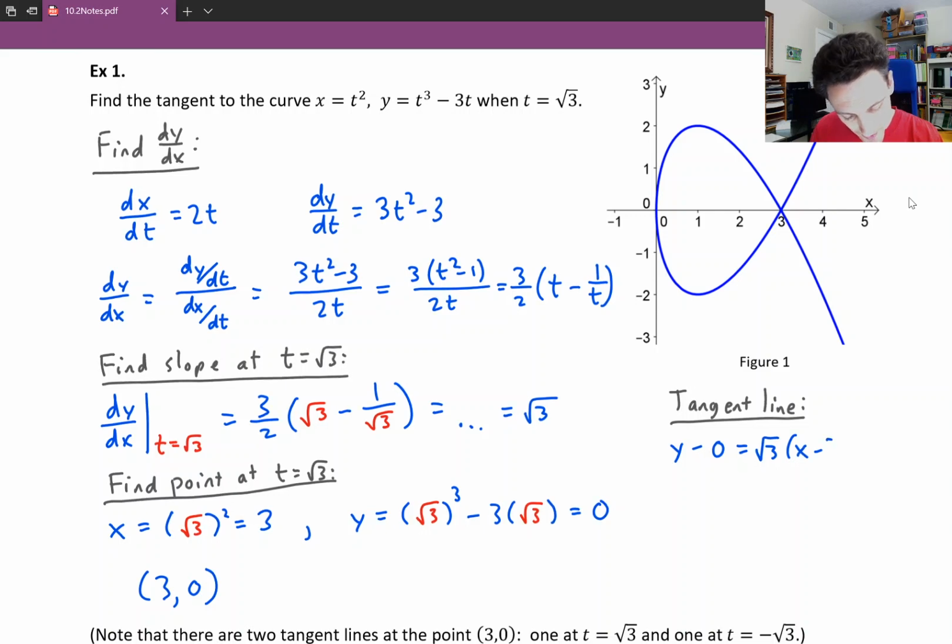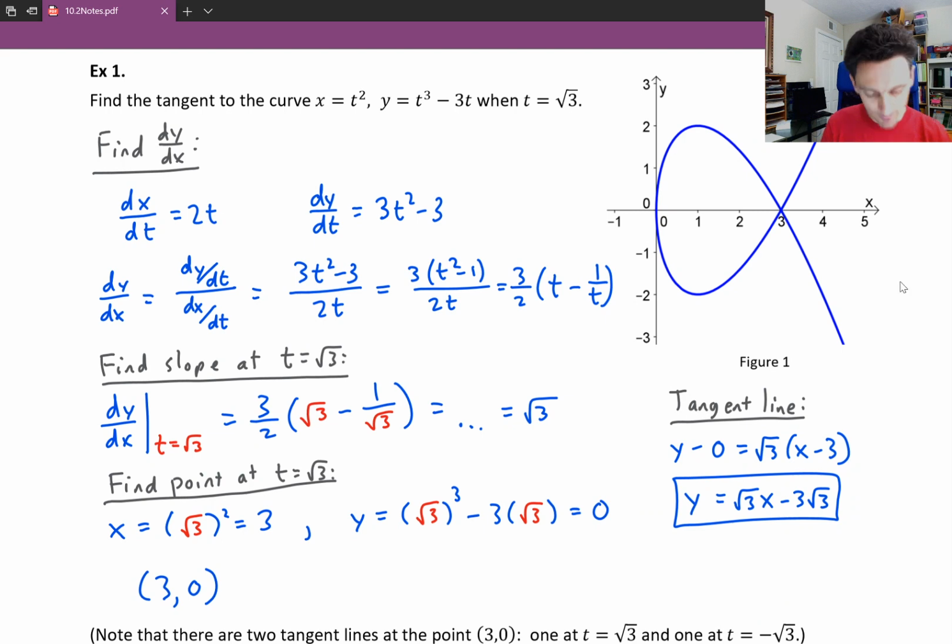So that becomes y minus 0 equals root 3 times quantity x minus 3. And I can distribute the root 3 and write it as y equals root 3x minus 3 root 3 if you want. Or you can just leave it using that point slope form. That's fine too. So there's the equation for the tangent line at t equals root 3.